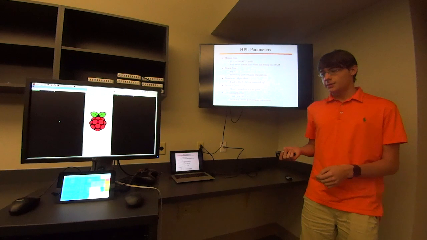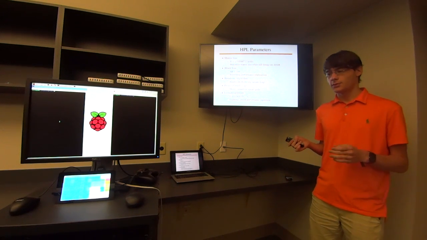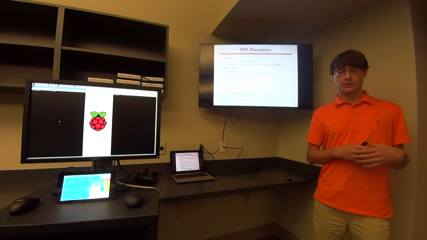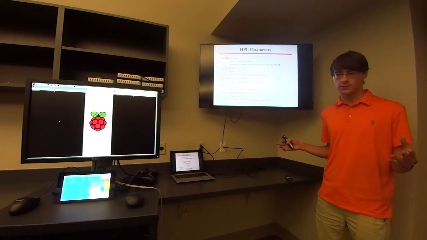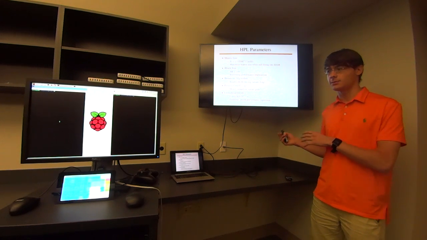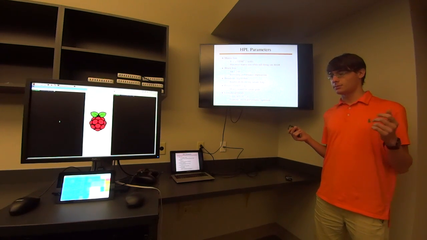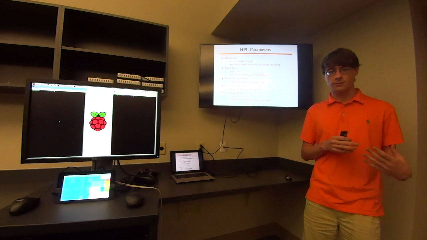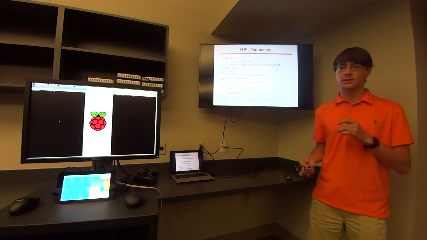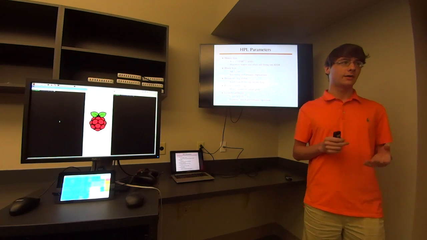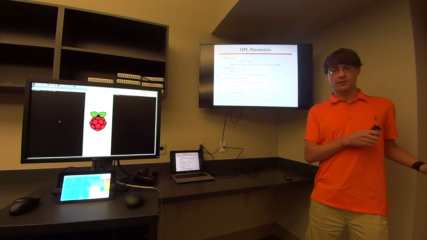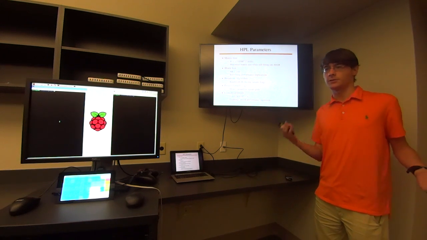Your block size both affects your performance on a single node and your performance distributed across a lot of nodes. So on a single node, it affects how it divides things up and gets processed, but on a distributed system, it also affects your communication. So you have to take both into account. And so you can't just do the fastest single node, potentially. You might also have to balance its effects on your communication.